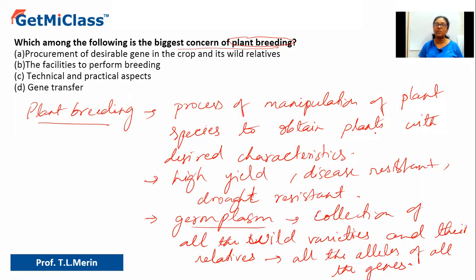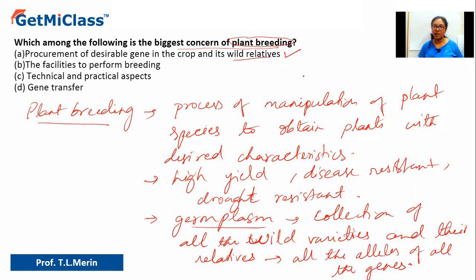After that, you can apply techniques for the breeding process. That is totally different. First, the collection of these crop varieties is very, very important, and that is difficult as well. So option A says procurement of desirable gene in the crop and its wild relatives. Yes, that is absolutely right. Where all will you go to collect its wild variety? In North India you may get one variety, in South India you may get another variety.